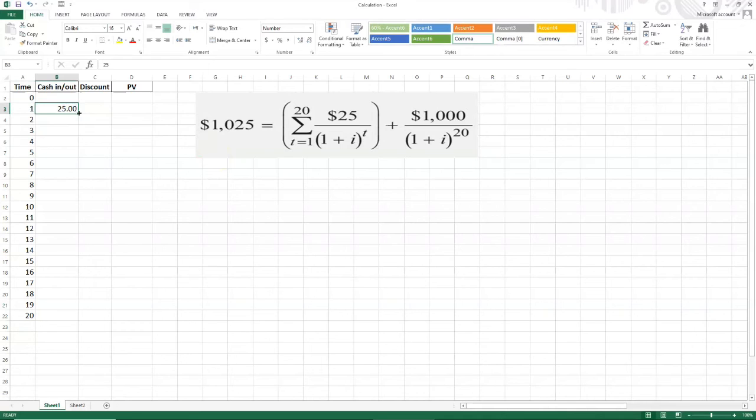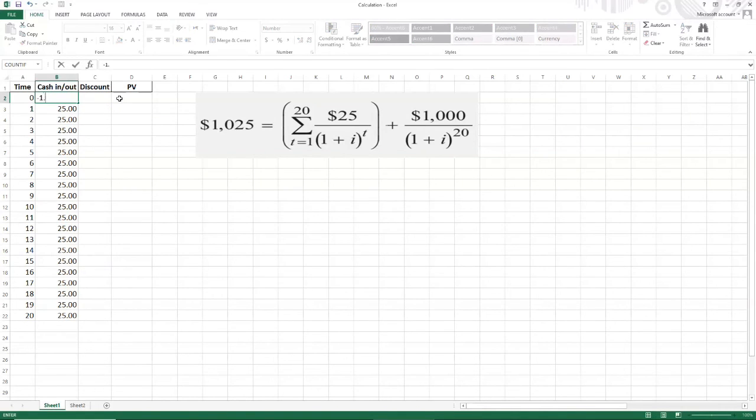This is the semi-annual payment of interest. At time 0, I'm going to pay a negative cash outflow of 1,025. This is the one.